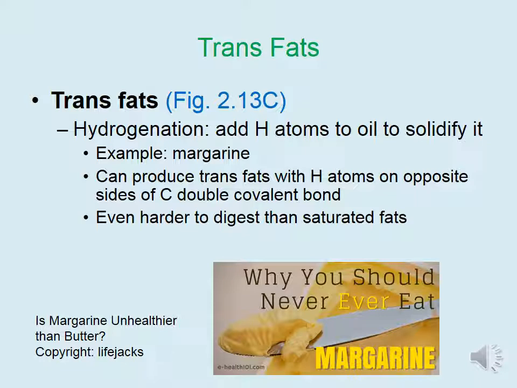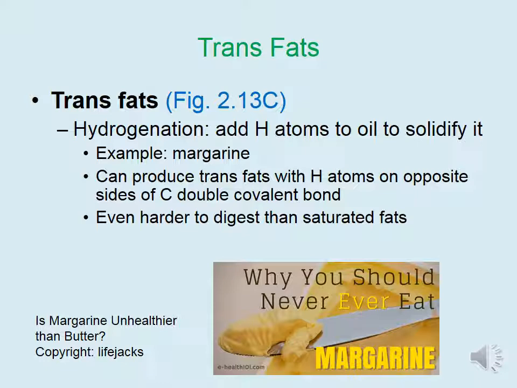Trans fats are artificially produced through the process of hydrogenation, meaning adding hydrogen atoms to oils to solidify them. An example would be margarine, which is essentially a solid oil. The problem is that this can produce trans fats with hydrogen atoms on opposite sides of a carbon double covalent bond.